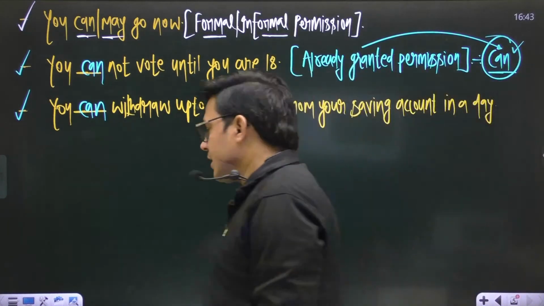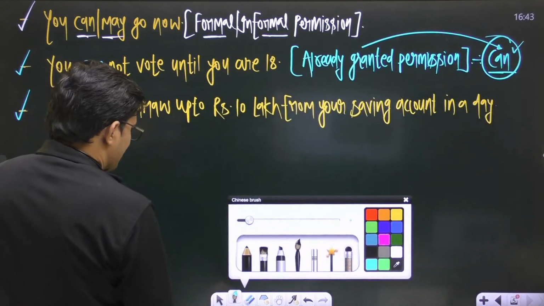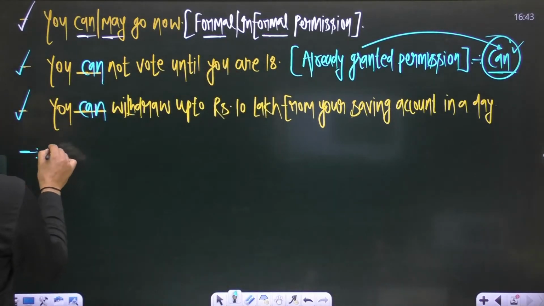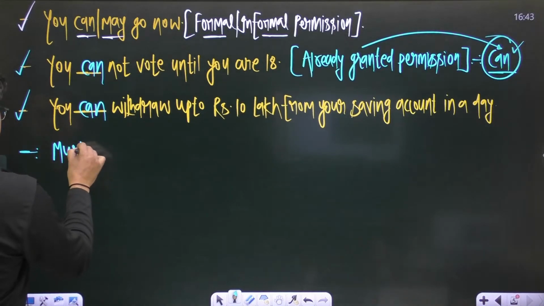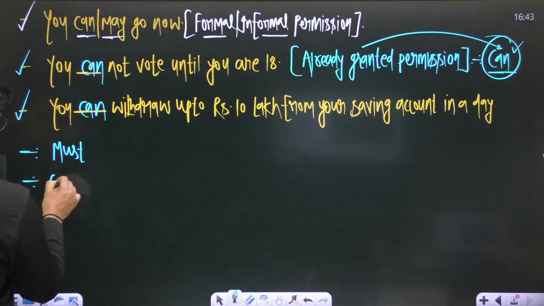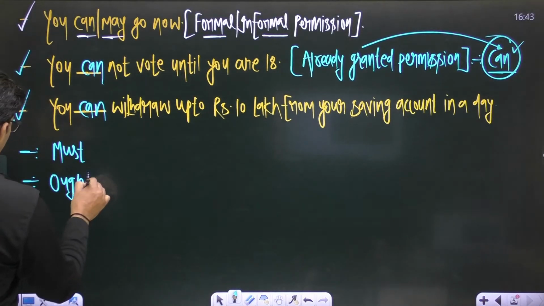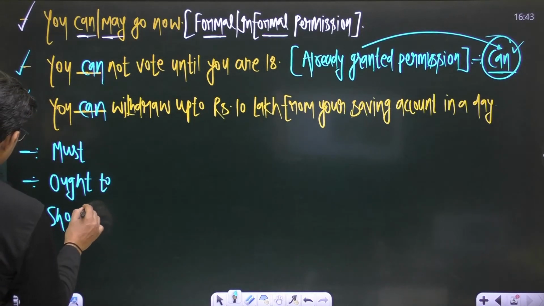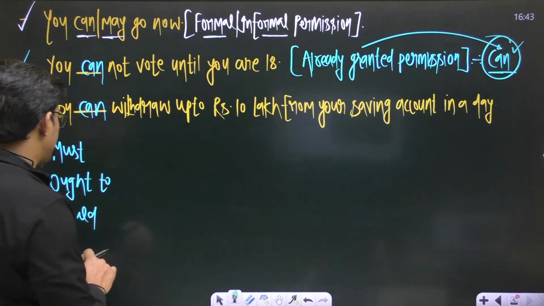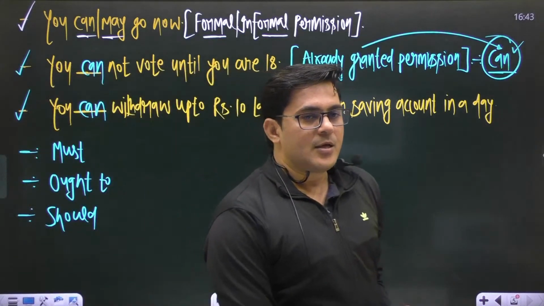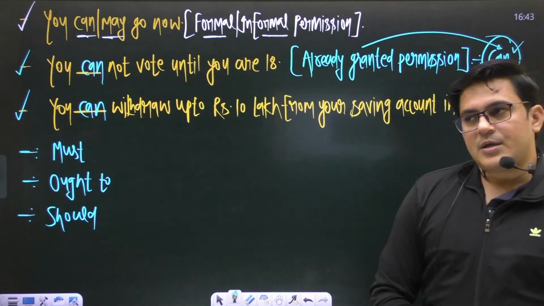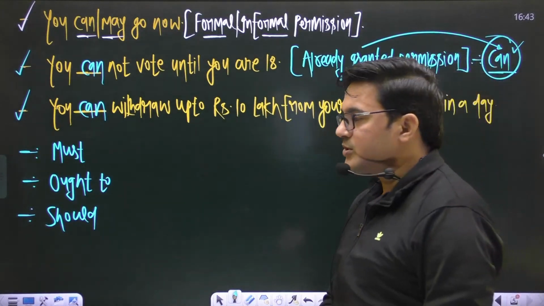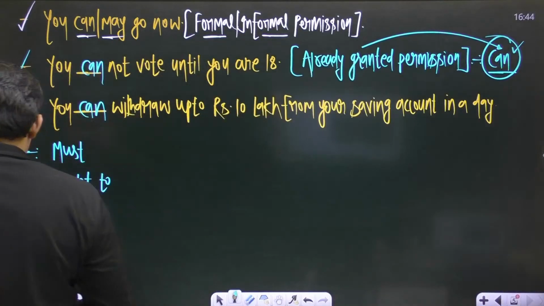Done? Okay, let us move to the next modal auxiliary verbs: must, ought to, and should. So let us understand the application of these three auxiliary verbs and their sentences.